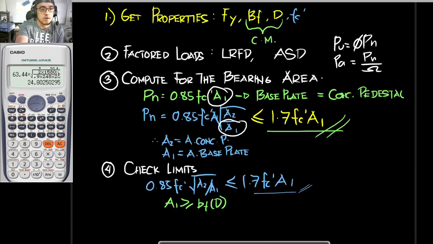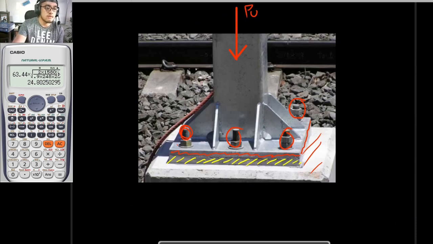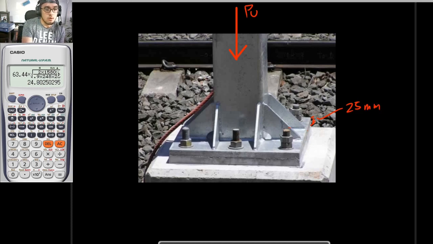So if this is to be your base plate, okay, so etong thickness natin na to is 25 mm. Ewan ko nakikita nyo. So 25 mm. And eto daw, yung depth, I mean yung BF niya is to be, wait lang, itong mga dimensions na to is to be yung B and yung N natin, which is, once again, nakalimutan ko.